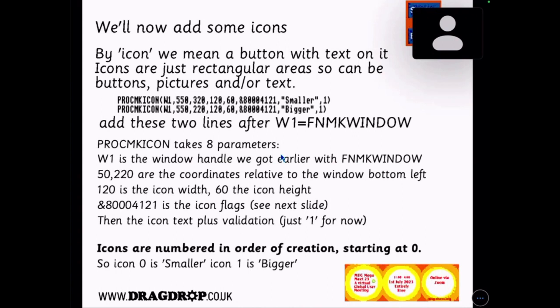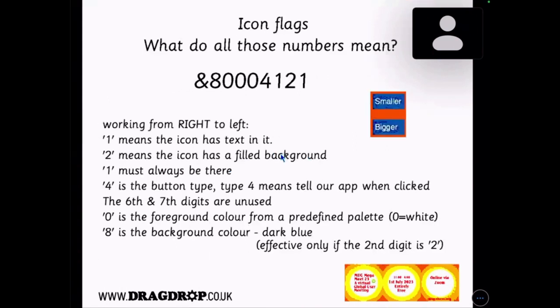But how do we know what the icon handle is? Well, it's always the order in which you create them with the proc icon statement. So icon number 0 is the icon that will have smaller written on it. Icon number 1 is the icon which will have bigger written on it. We'll see more about that in a minute.